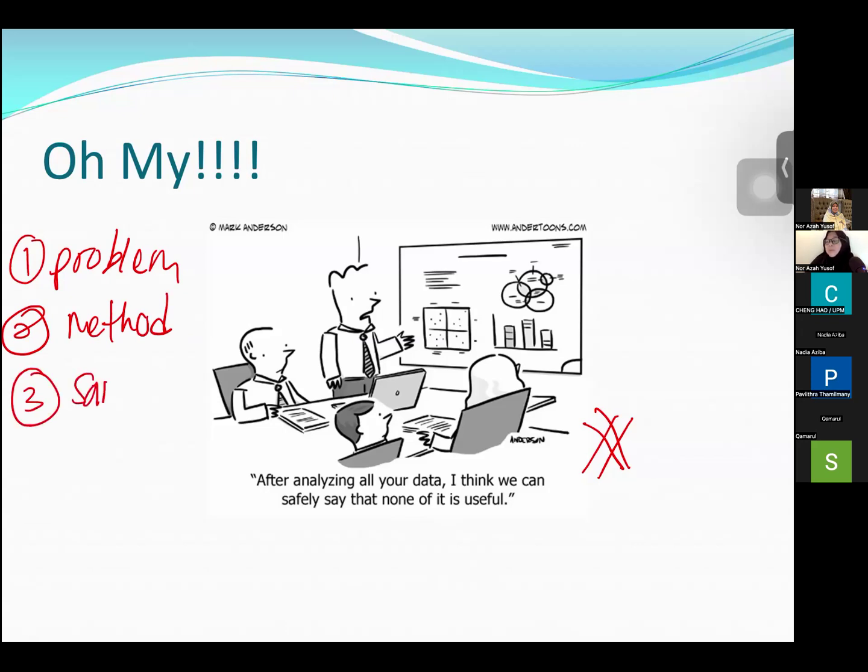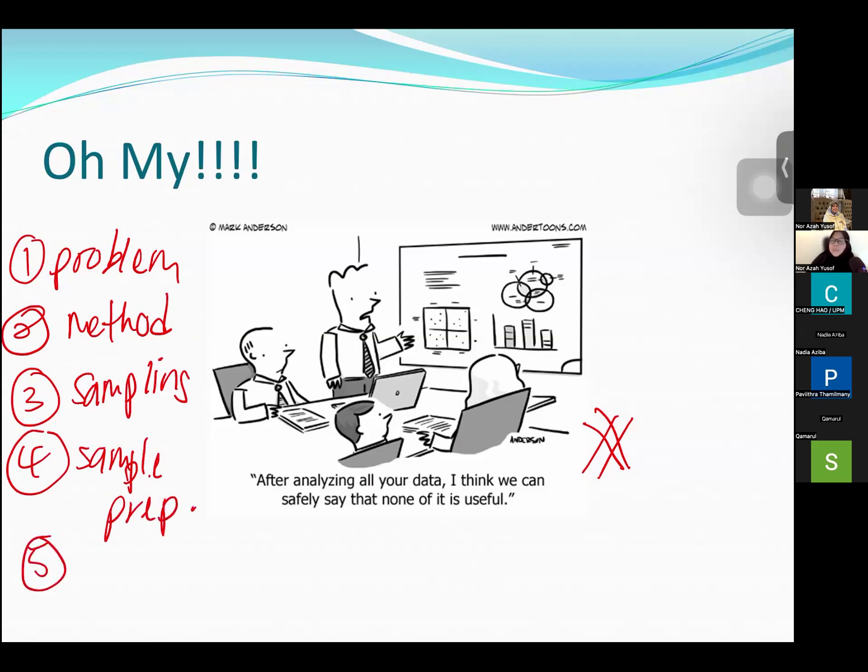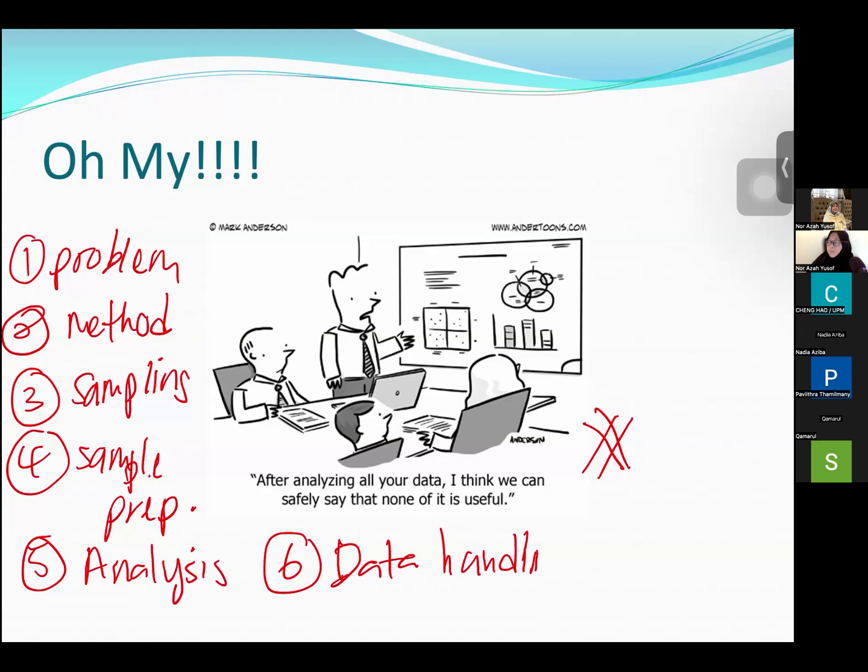Third, of course, an accurate way of sampling, or the correct way of sampling. And sample prep also is very, very important. Okay, and after that you do the analysis, and you get data where you do data handling or data management.